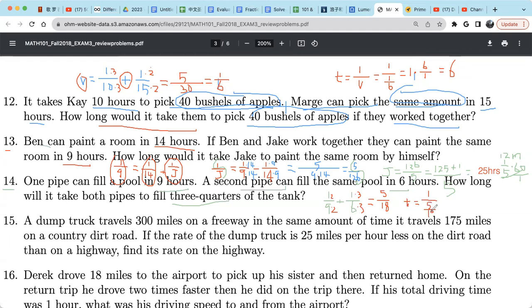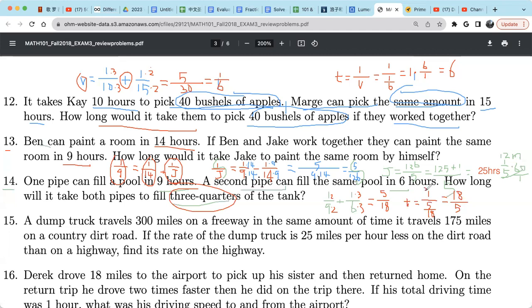So 1 divided by 5 over 18 means 1 multiplied by 18 over 5. So that's 18 over 5. Now we only want to finish 3/4, so we could use the job done here. If we want, we could start from here.